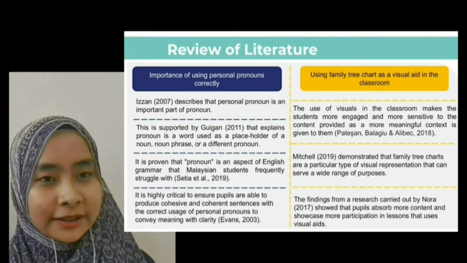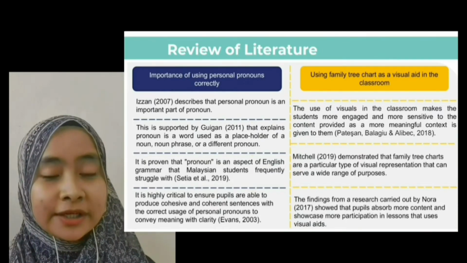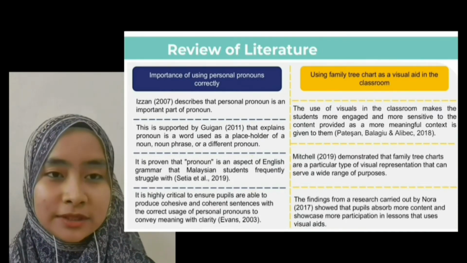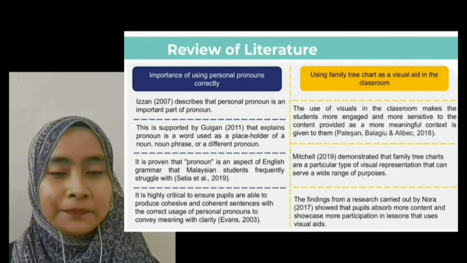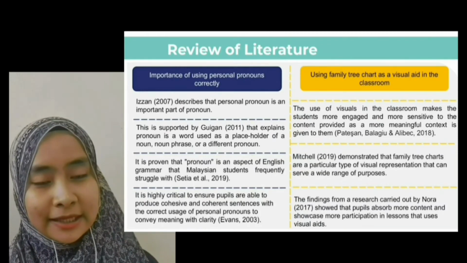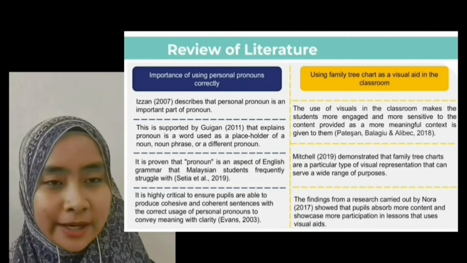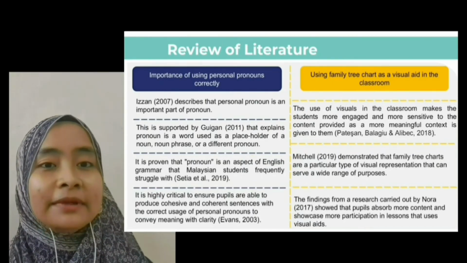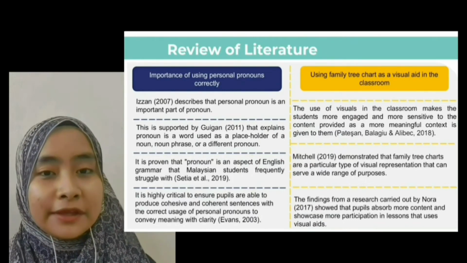This is supported by Guigan in 2011, who explained that pronoun is a word used as a placeholder of a noun, noun phrase, or a different pronoun. Unfortunately, Setia in 2019 has proven that pronoun is an aspect of English grammar that Malaysian students frequently struggle with.